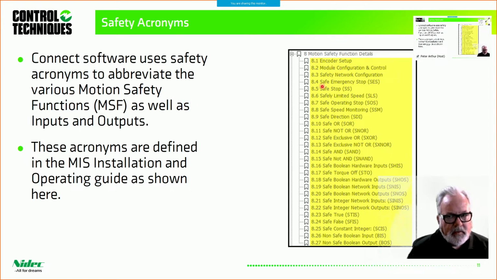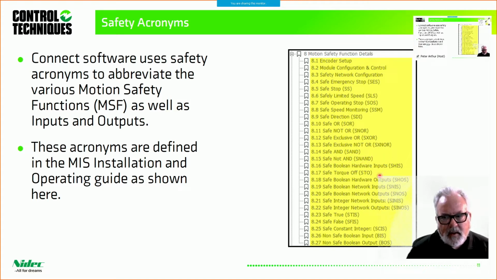As you can see, section 8. If you look at the section 8 bookmark in the manual, it tells you right there, SS is safe stop, and some of these get to be pretty interesting. SNOR, for example, safe not or. So SOR, SDI, SNAND, there's a good one, safe not and.